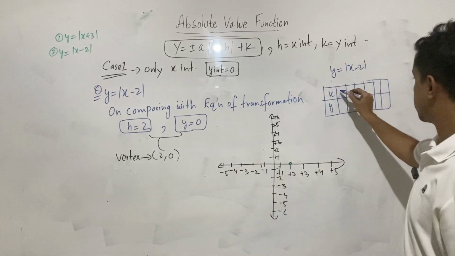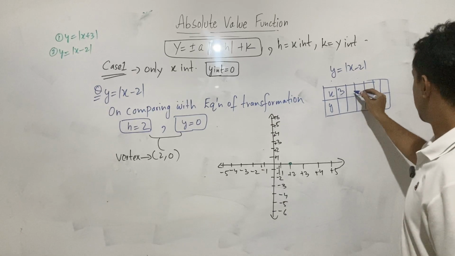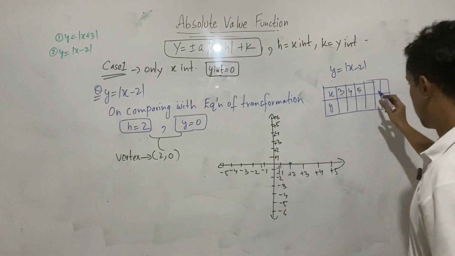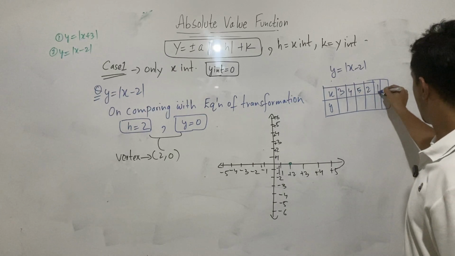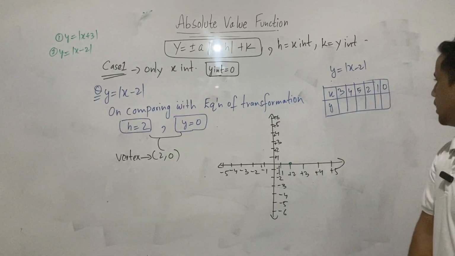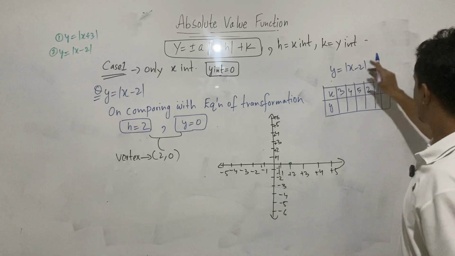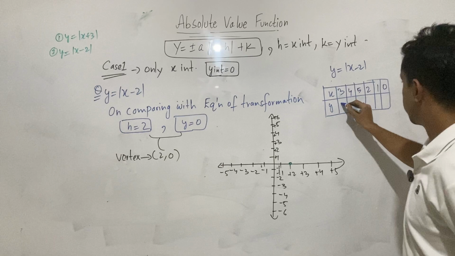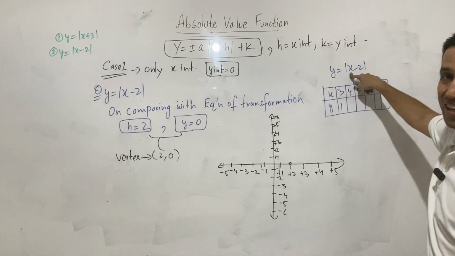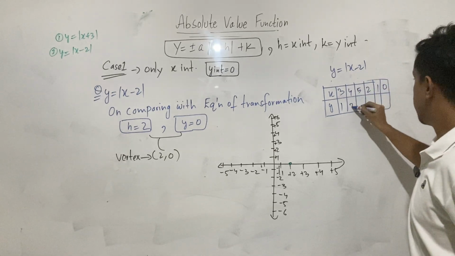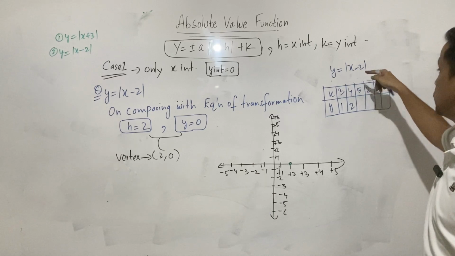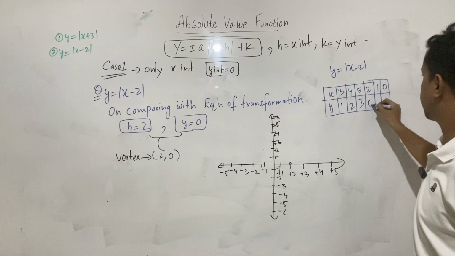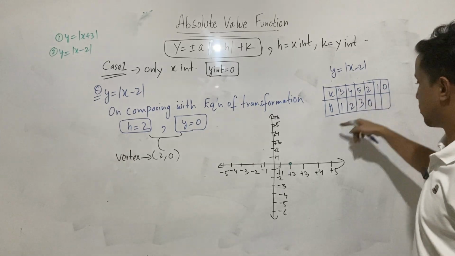If I put x as 3, 4, 5, and this side 1, 0. Now if I put 3 here, it's going to be 3 minus 2, modulus function of 1 is 1. If I put 4 here, 4 minus 2, modulus function of 2 is 2. If I put 5 here, 5 minus 2, 3, modulus function 3. If I put 2 here, 0.